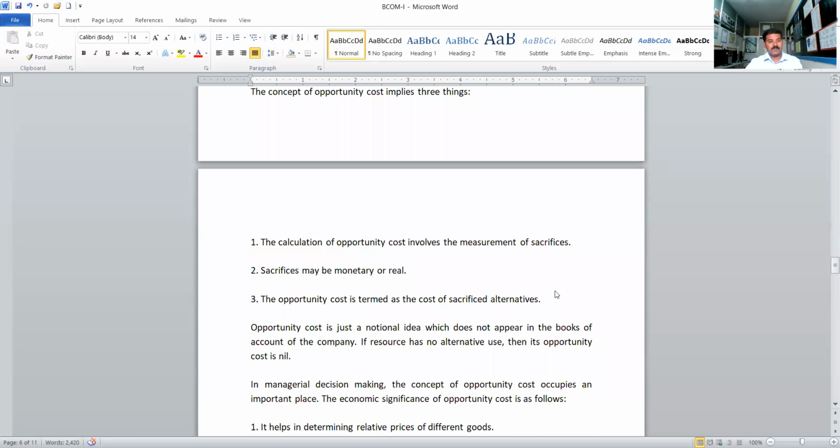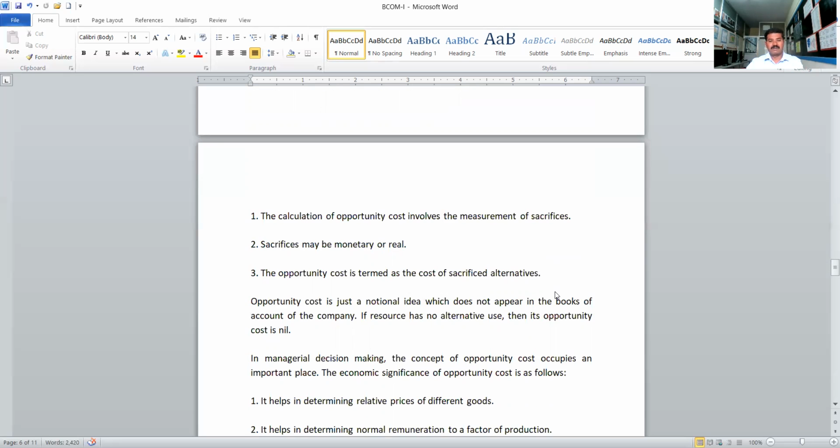Now, this opportunity cost is just a notional idea which does not appear in the books of account of the company. If a resource has no alternative use, then its opportunity cost is nil.